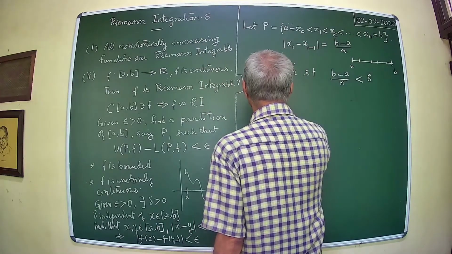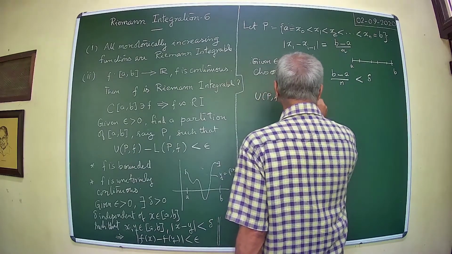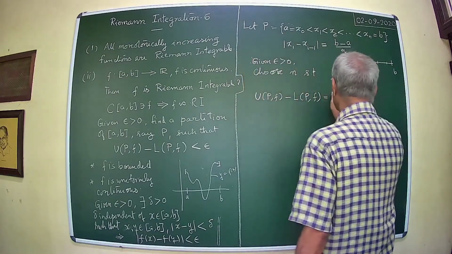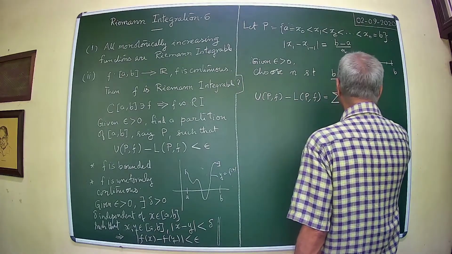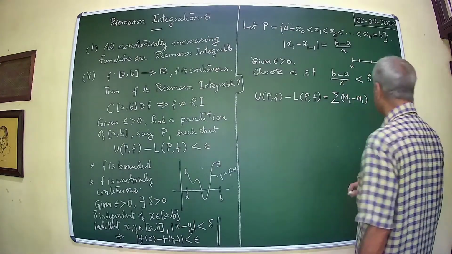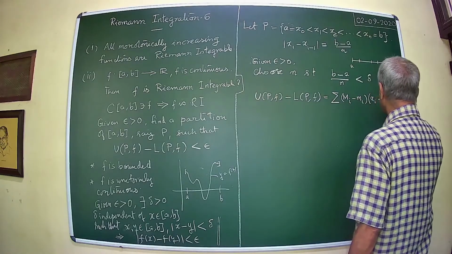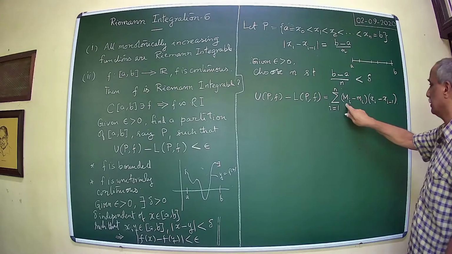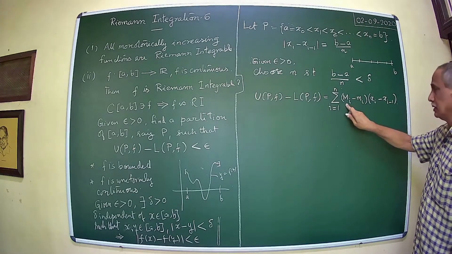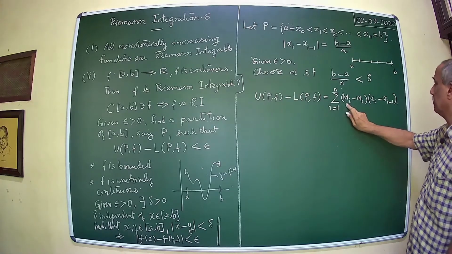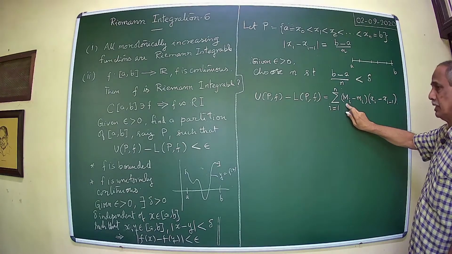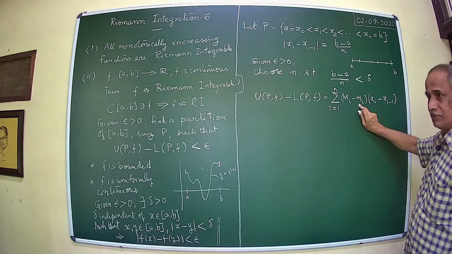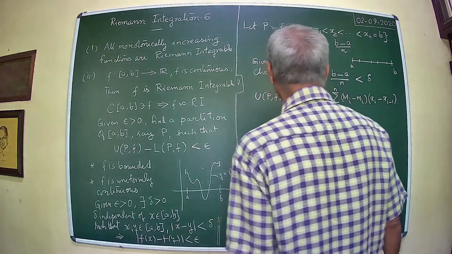So let us write U minus L. This is actually equal to sigma of capital Mi minus small mi into xi minus xi minus 1, where capital Mi is the least upper bound of f on the interval xi minus 1 to xi, and small mi is the greatest lower bound of f on the interval xi minus 1 to xi. Both these numbers exist.